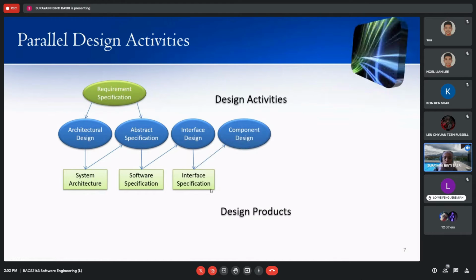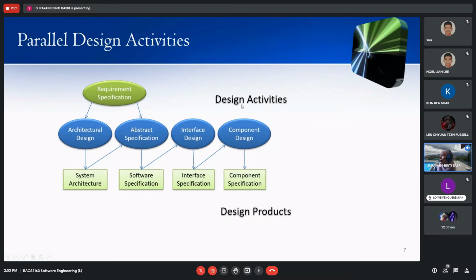If you already have your architectural design, in the component design you make it by subsystem. Remember, after the whole system, you have subsystems. Under a subsystem, you have modules, and under a module, you have individual components, which are like functions or methods or procedures. From the component design activity, you can come out with the component specification.